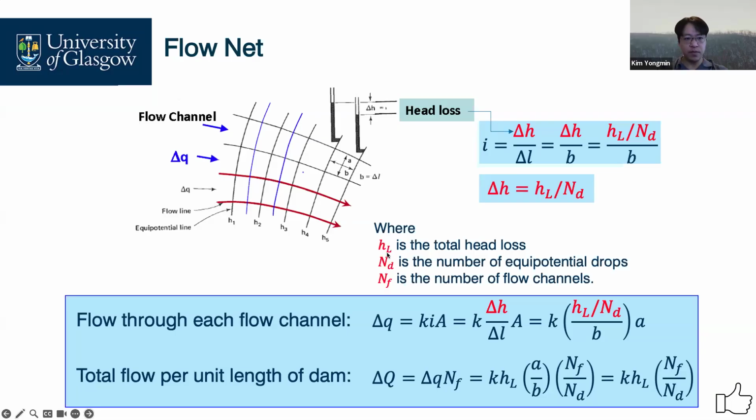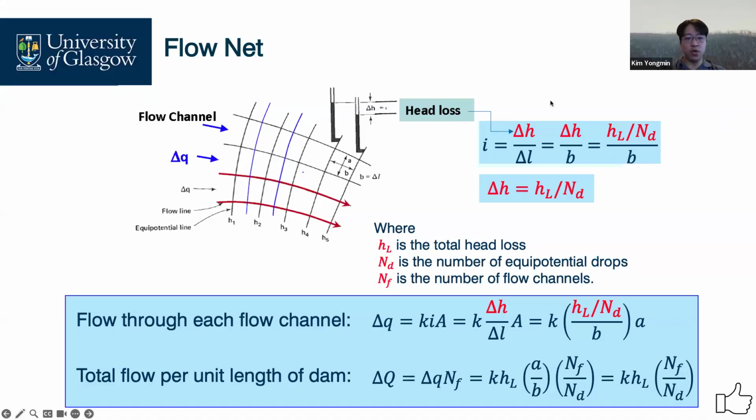And then HL is the total head loss. The difference of the piezometer readings at different equipotential lines is the head loss, as mentioned before. So let's say the total head loss is HL, and it is the summation of each head loss at each equipotential line.